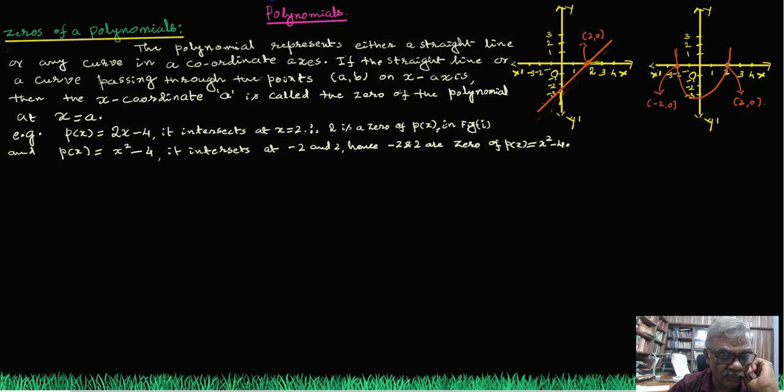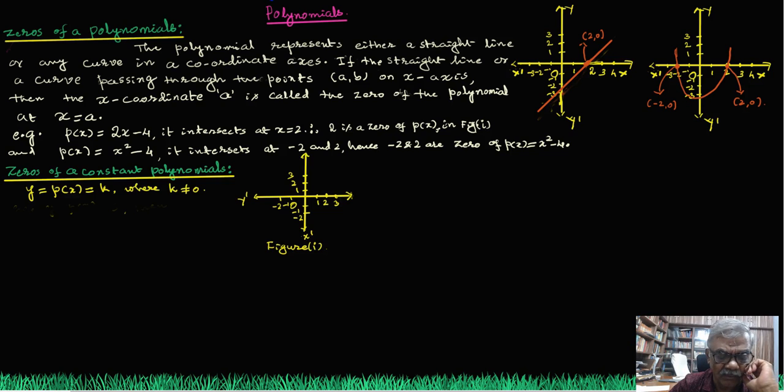Now I am going to discuss the zero of a constant polynomial. A constant polynomial can be written as y is equal to p(x) equal to k, where k is not equal to 0. Look at the figure here. For example, let us take y is equal to p(x) is equal to 3.